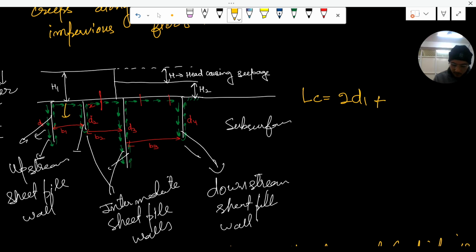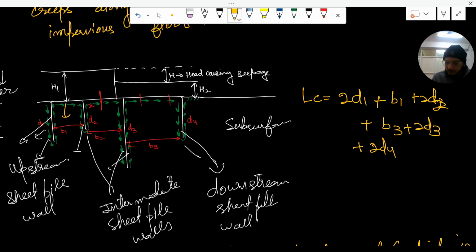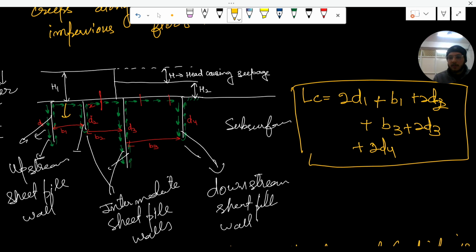Plus we have the horizontal length B1. All the vertical creeps will be twice, because of the outer side and the inner side. So the creep length is 2D1 plus B1 plus 2D2 plus B2 plus 2D3 plus B3 plus 2D4.